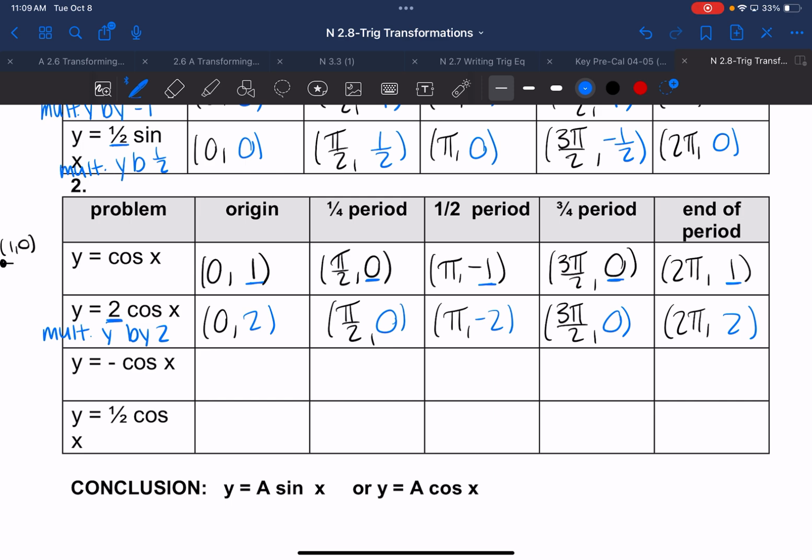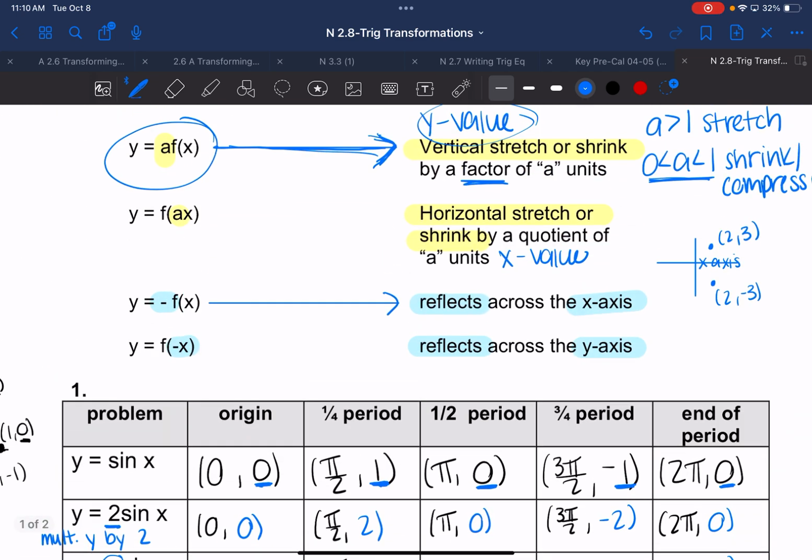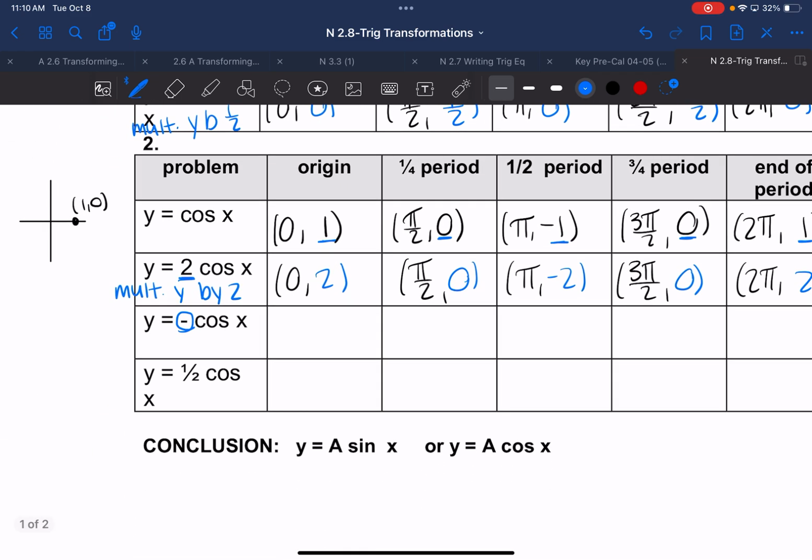For this next one, we've got a negative out in front. Well, that would be this one right here, where we reflect across the x-axis. So we said all that really changed here was the sign of y. We said that meant we were supposed to multiply y by negative 1. So again, none of my x's are going to change.